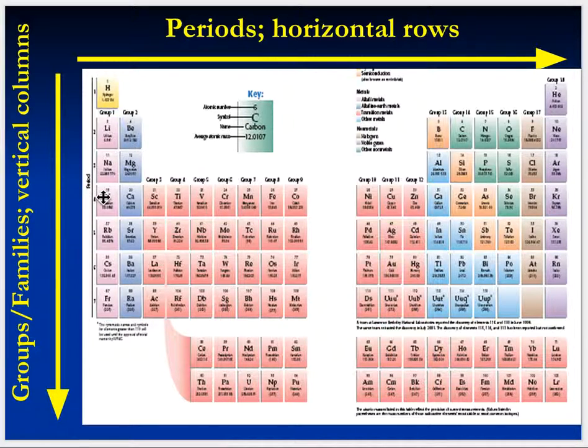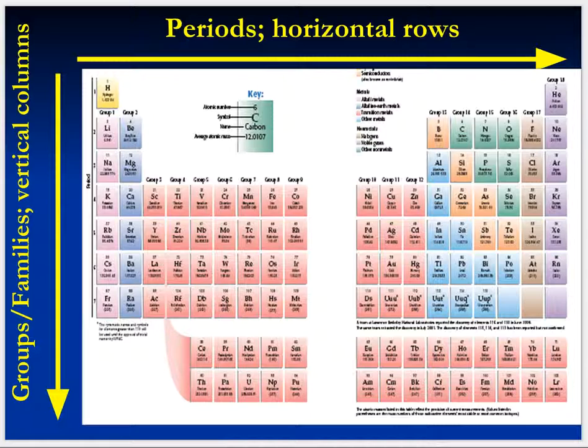And there are 18 elements in the 4th, 5th, 6th, and 7th period. We'll go more into how that actually works, but you need to know that the horizontal lines are called the periods. And then you have these ones that go up and down here, and these are called the groups.